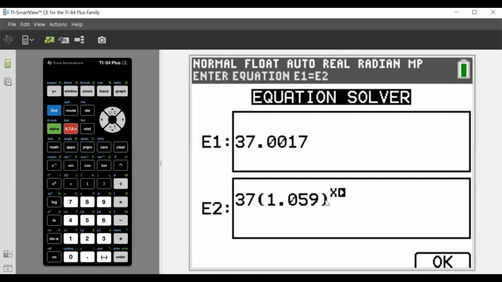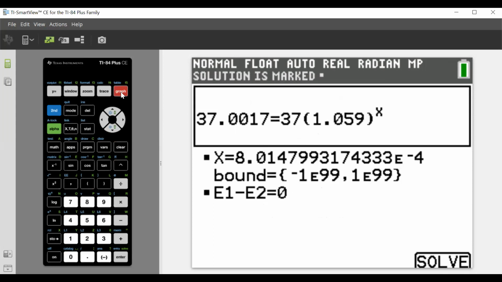And we want to solve for x. We want to know how long. So we have to take graph, and so we get 8.01479937 times 10 to the minus 4. So we have to remember, there's something way out here we have to remember.